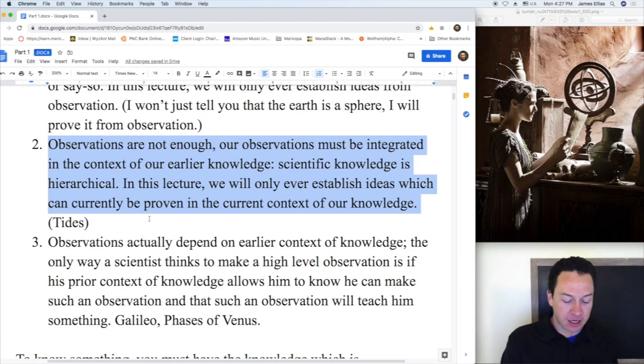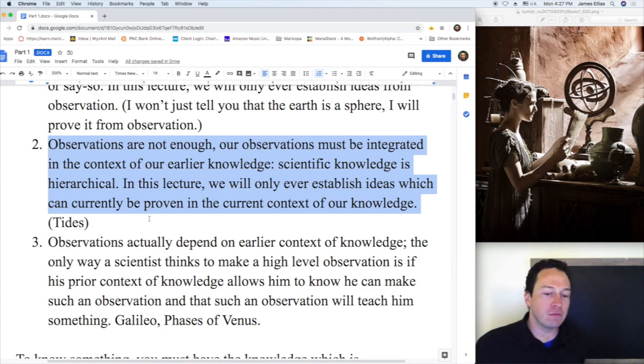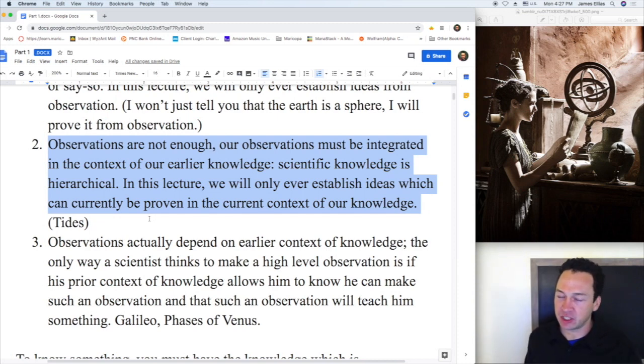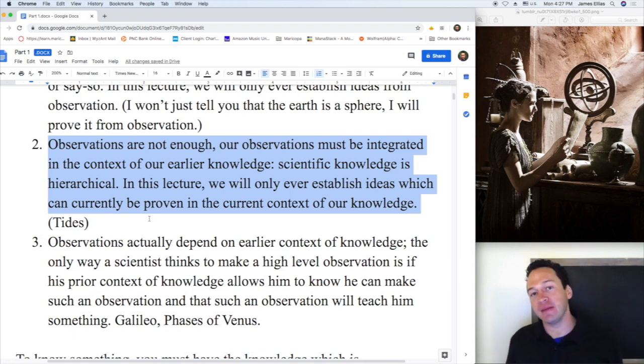We have to talk about, not only how observations lead to ideas, but we also have to understand how certain ideas lead to observations. It's only through a process like this that we're going to understand how physics was actually derived from observation. And because observation is not enough, we have to go in this particular order for the observations to make sense.